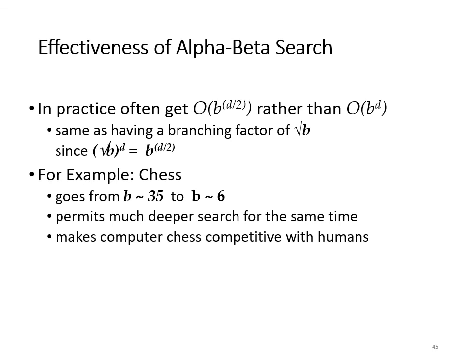So you can write b to the power d by 2 as square root of b to the power d. When we take the example of chess, it goes from a branching factor of 35 to a branching factor of 6 when we perform alpha beta cutoff. This permits much deeper search for the same time, making computer chess competitive with humans.